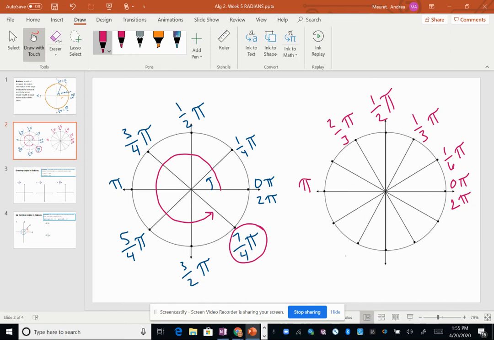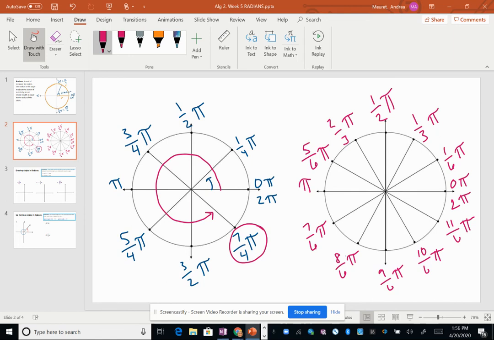So we were at 4/6. This is 5/6 of pi. And then 6/6 or pi. And then 7/6 of pi, which can't be reduced. It's in simplest form. The next one would be 8/6 of pi. And I'm just going to label these and then come back and simplify. 9/6 of pi, 10/6 of pi, 11/6 of pi.